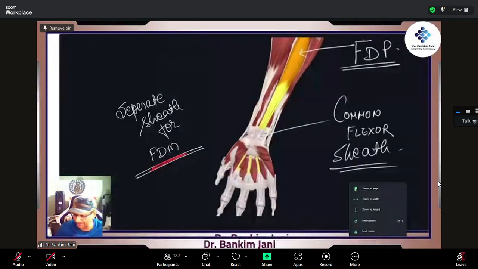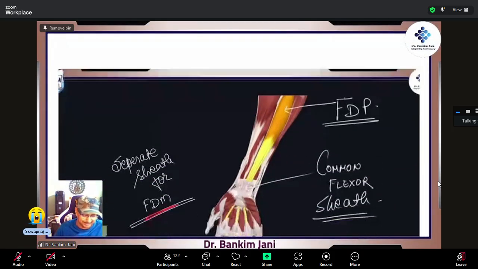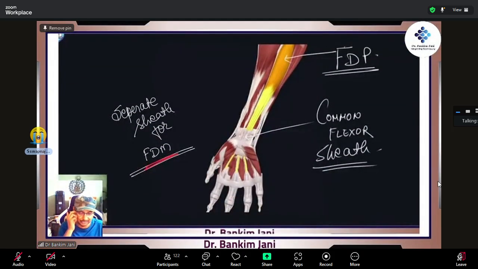She says, no, for me there should be a separate path. This is the flexor digiti minimi. Separate sheath for FDM. This can be a tricky question. So this is the separate sheath for flexor digiti minimi.